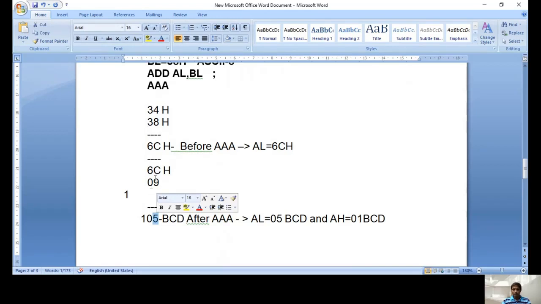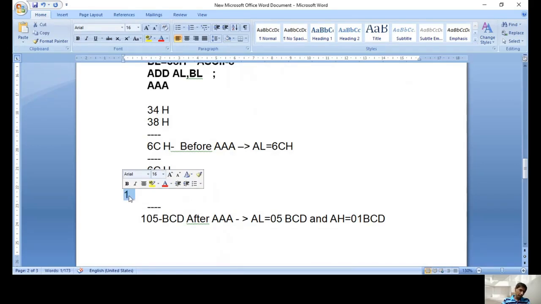But in the AAA instruction, during the first 4-bit addition, meaning C added to 9, if any carry appeared, that carry goes to the next byte, not into the next 4 bits. See here, my C added to 9, I have a carry. That carry is not added to the next 4 bits. That carry will be moved to the next byte.